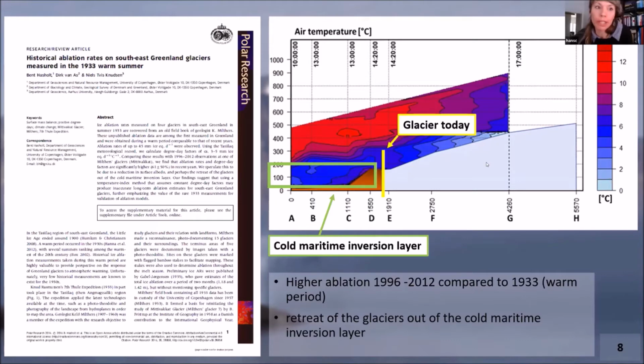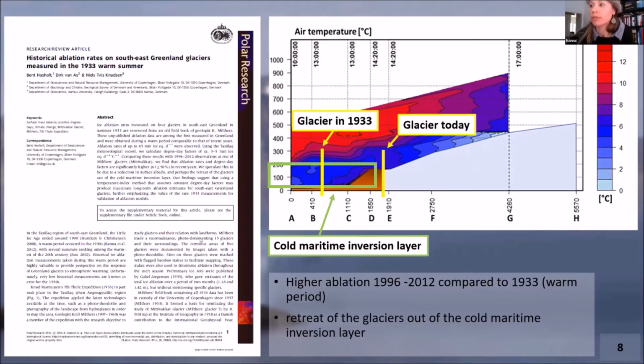So it's not really in the maritime inversion layer, but if we look at the position of the glacier in 1933, we see that the glacier was during this time in this cold maritime inversion layer. And of course, this had an influence and creates less ablation rates, although the summers were really hot and there was a warm period.